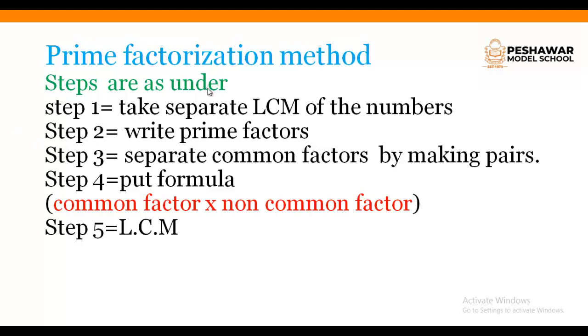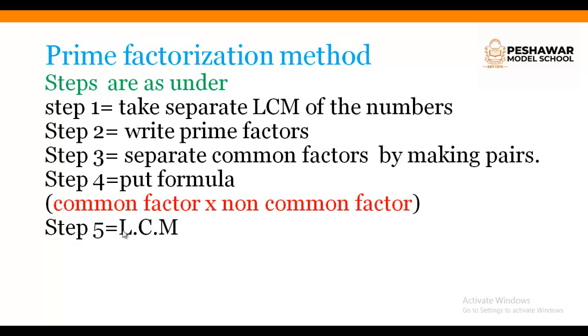Step number 2, write prime factors of the numbers. Step number 3, separate common factors by making pairs. Step number 4, put the formula. Don't forget the formula. The formula is common factor multiply with non-common factor. At the end, step number 5, you will get LCM, right?